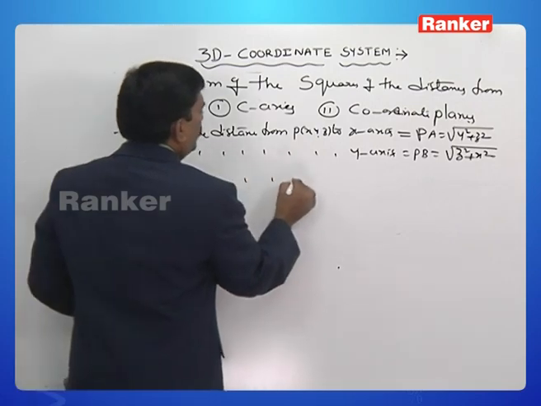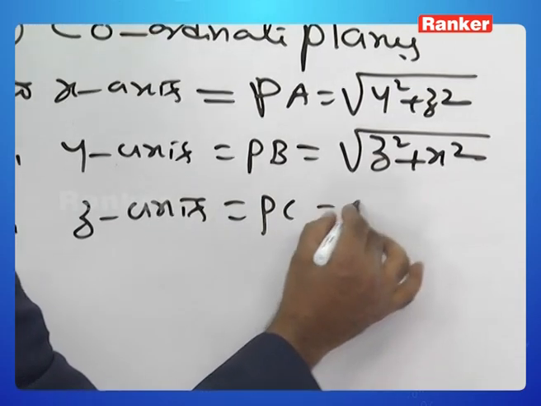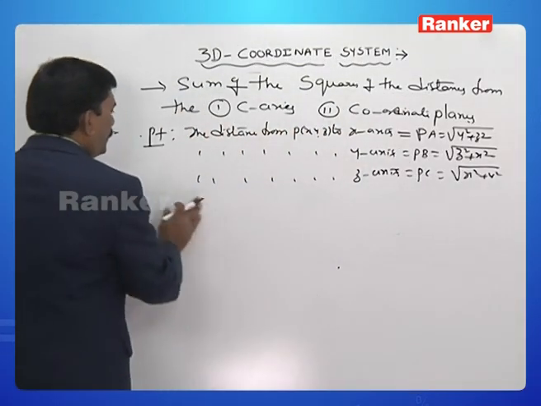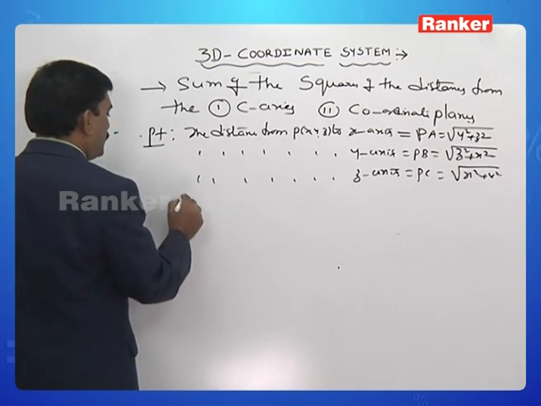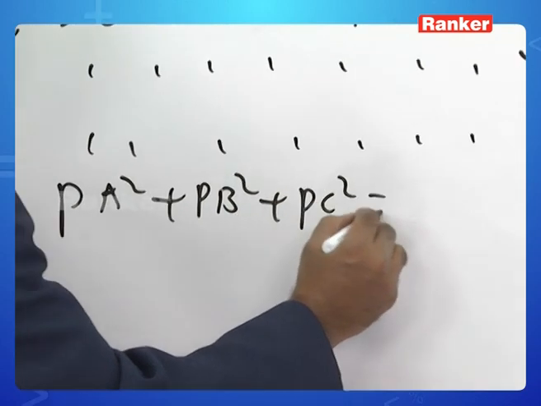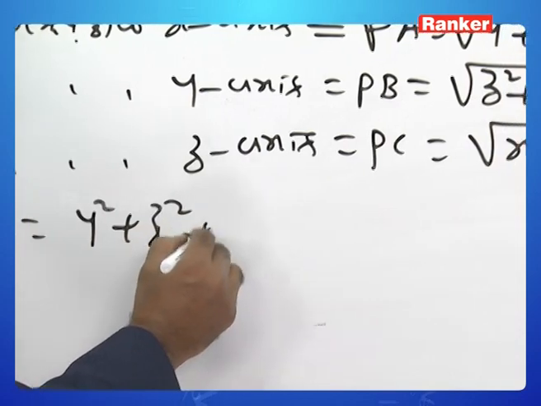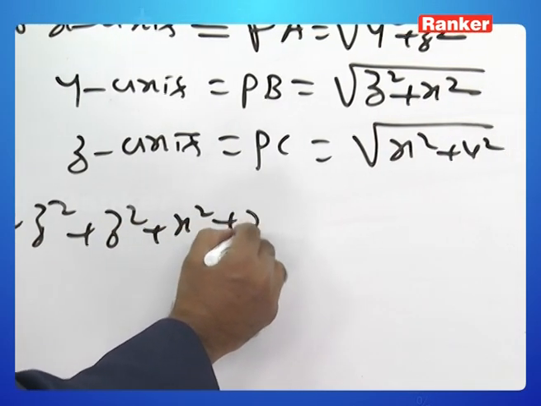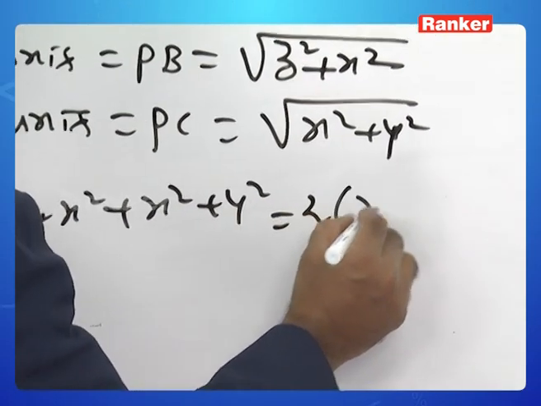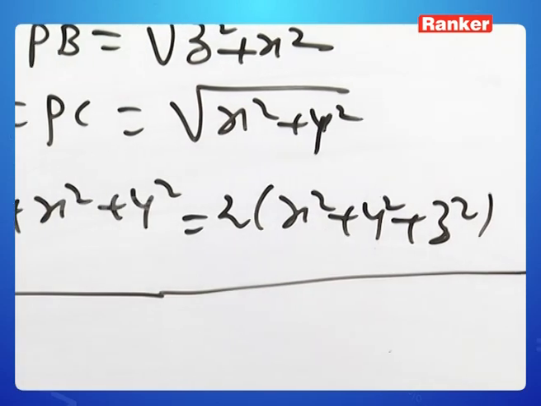Next, the distance from the point P to the z-axis is PC, which is nothing but x square plus y square. I want the sum of the squares of the distances: PA square, PB square, PC square, add up. This is nothing but y square plus z square plus x square plus y square. So therefore, this is nothing but 2 into (x square plus y square plus z square).